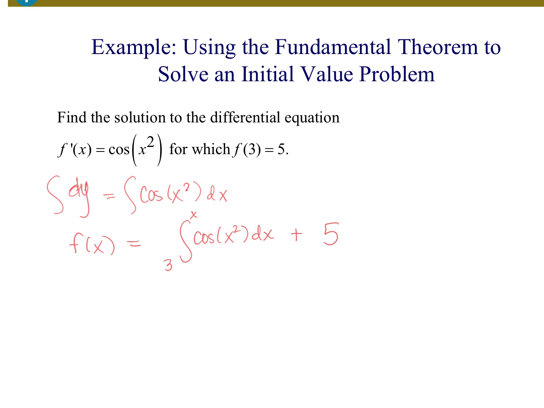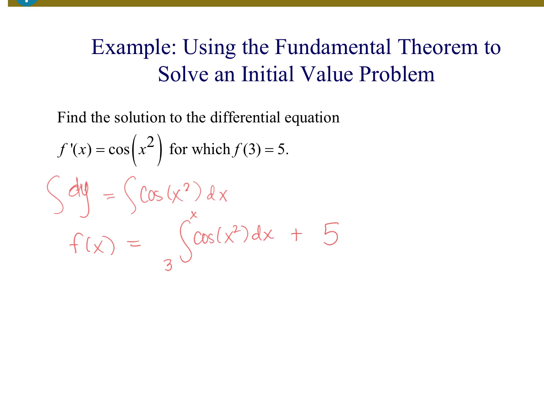So you have to be okay with saying, okay, the solution is going to be expressed differently. And remember, it's the area from 3 to whatever, knowing that when you're at 3, you've already covered an area of 5. So the 5 is the initial condition, the 3 is your lower bound, and then our upper bound is unknown.